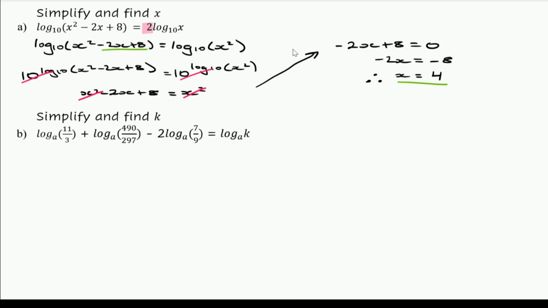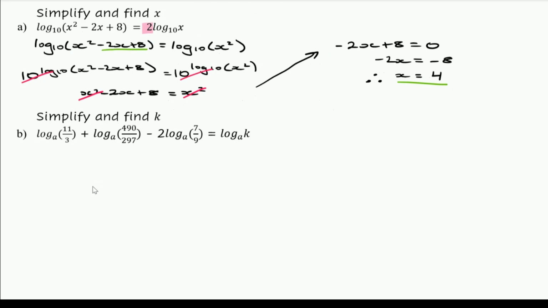So these two are equal to each other, so my answer definitely must be that x is equal to 4. Of course, you could just plug in the whole thing and see if both of these equal each other, but we can see that it would just by putting it into this part.